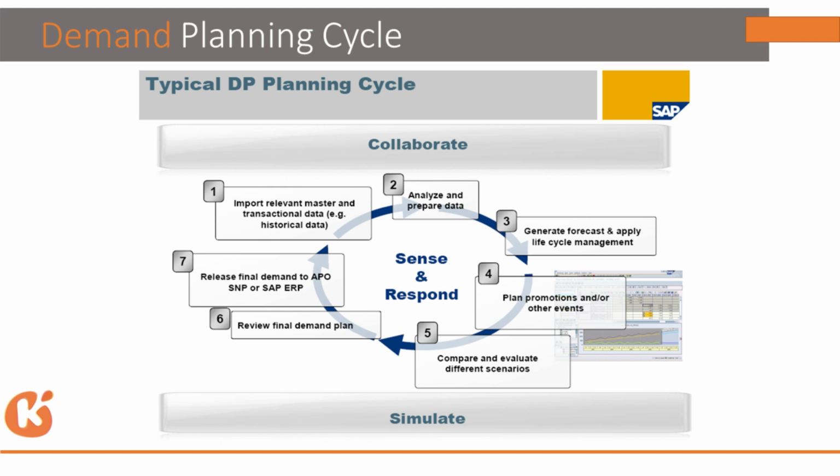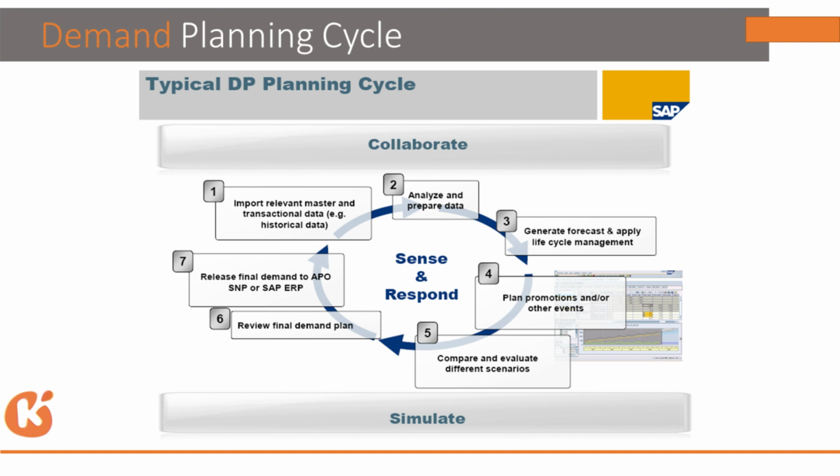Demand planning cycle. Normally where the demand planning is going to start and where it is going to end, it's an end-to-end process for demand planning. In SAP APO demand planning, where it is going to start and where it is going to end, and whatever steps are there.